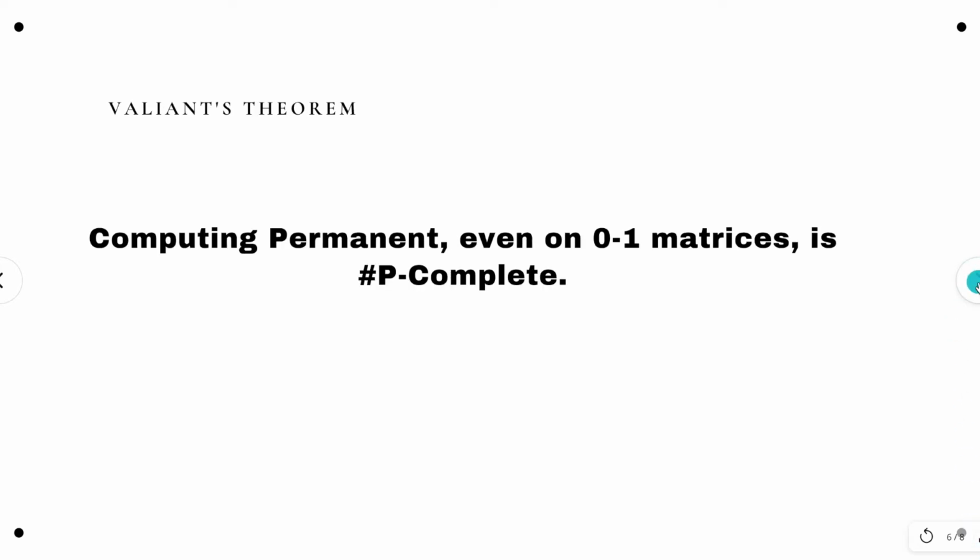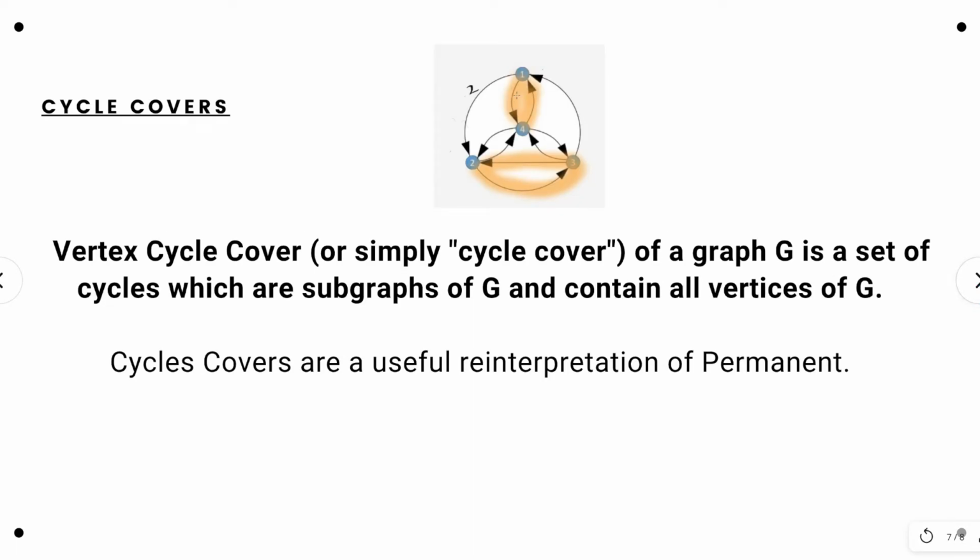Let's go to Valiant's theorem. It basically states that computing the permanent of a matrix, even on matrices where the entries are just zeros and ones, is #P-Complete. So that was Valiant's theorem, and let's study something very useful when it comes to proofs in counting complexity, and that is the notion of cycle covers.